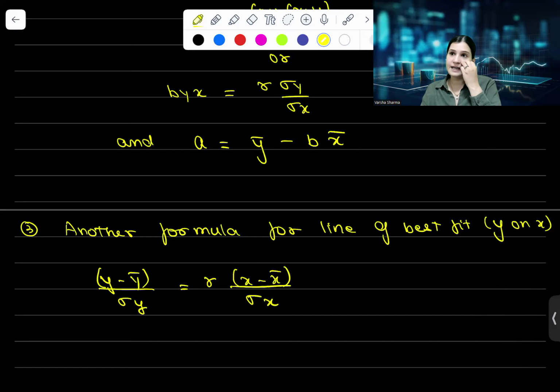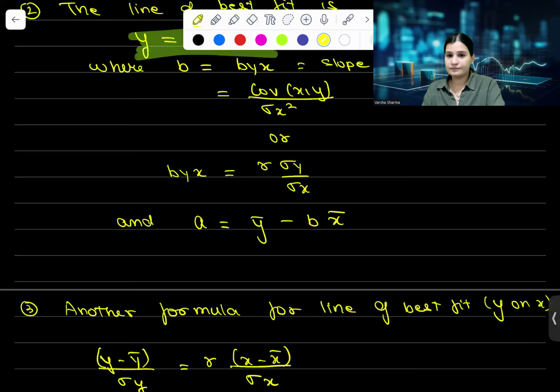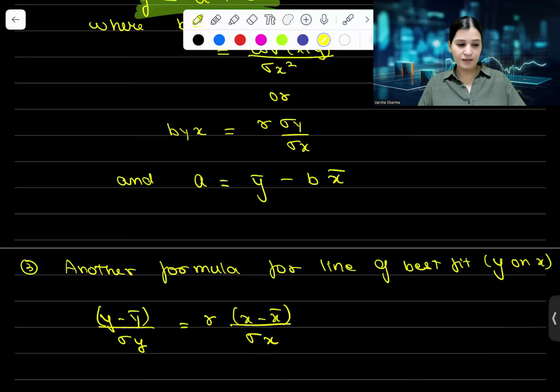R will be written on the side where x is given, the independent variable side. Right till here? Done till here?